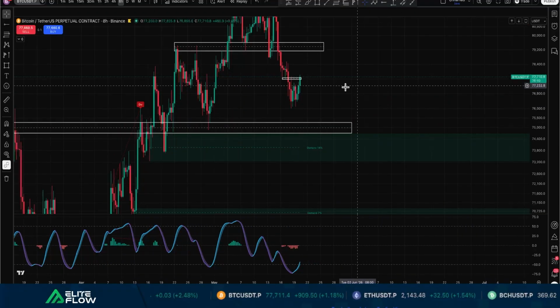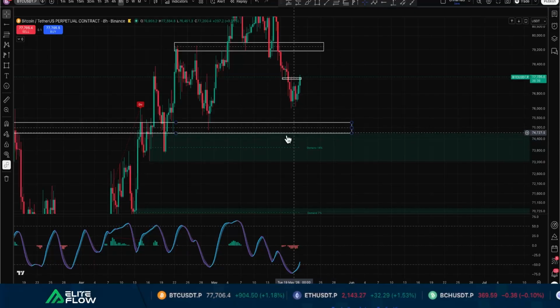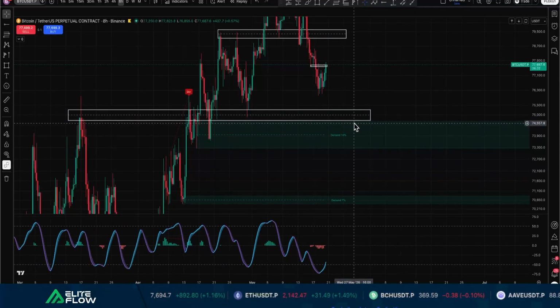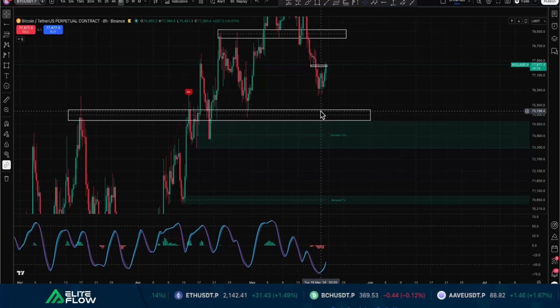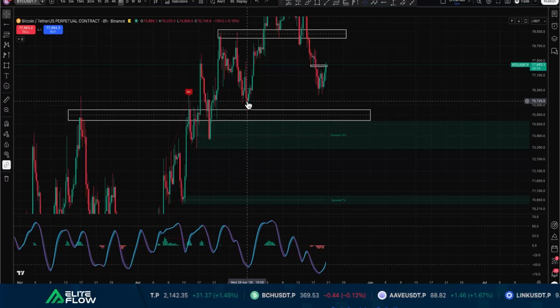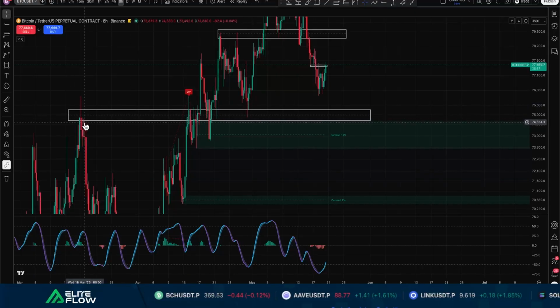I've just turned on the one that's going to tell me where the order blocks are. I have an 8-hour order block sitting basically exactly where I have drawn this rectangle. There's an 8-hour order block just below this recent low, just where we have the value area high, and where this used to be a resistance.